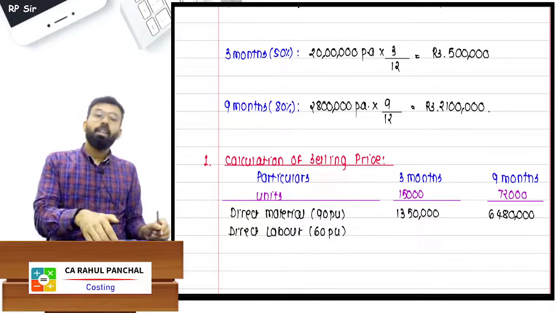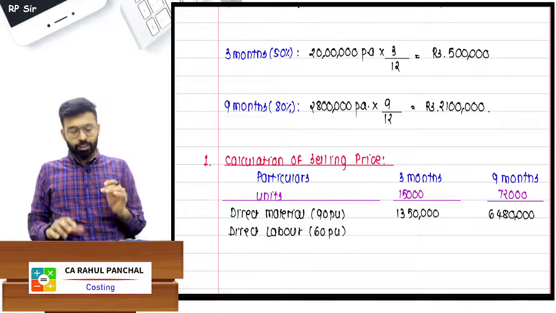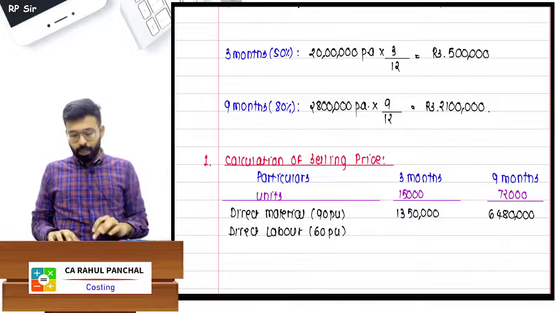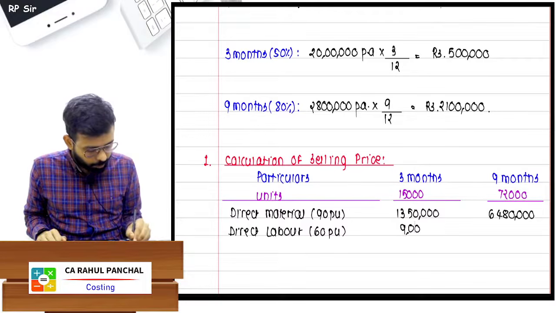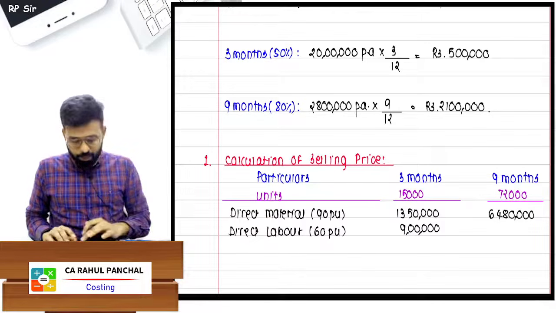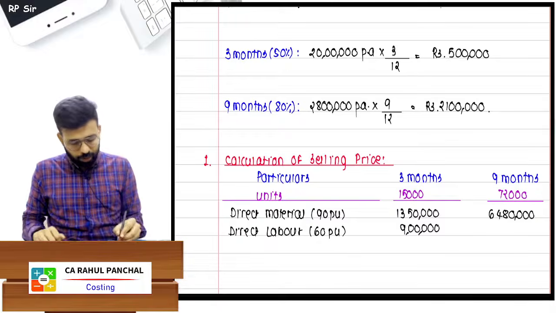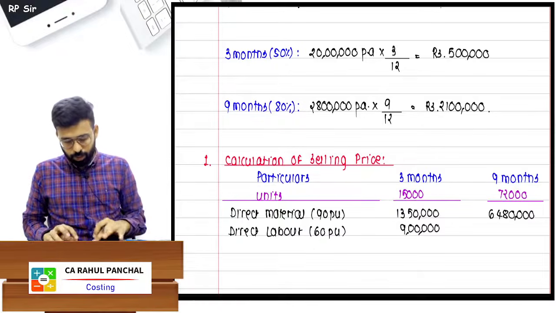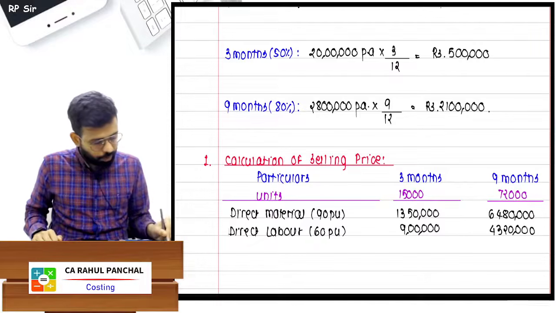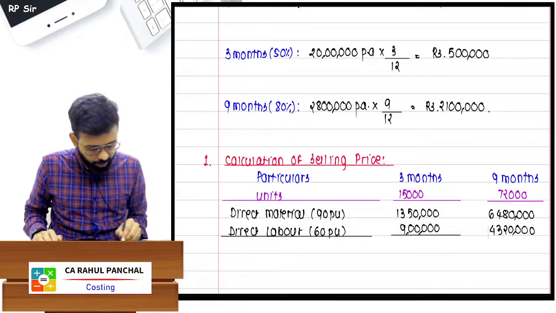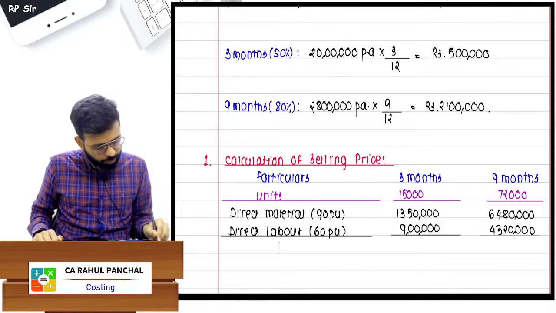Okay, so then if you talk about direct labor, if he produces 1 unit, you give him 60 rupees, multiplied by 15,000, you will give him 9 lakh rupees. Okay, then 60 into 72,000, you will get 43,20,000. Whatever is your answer, just take the total, and then the final value which you get is your prime cost.